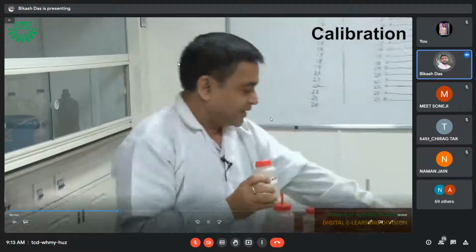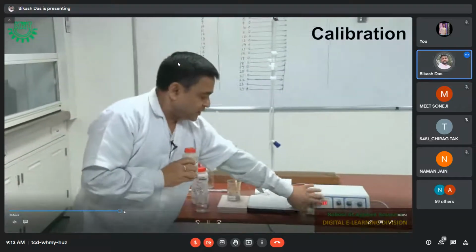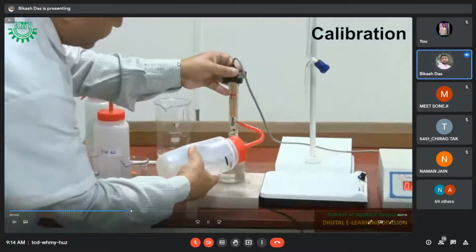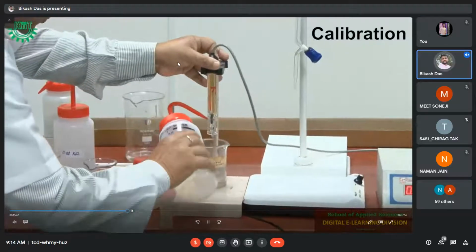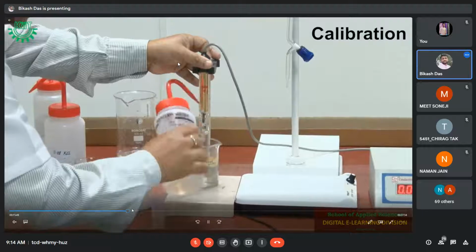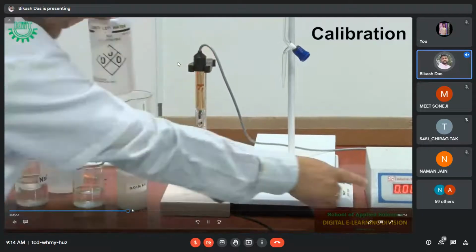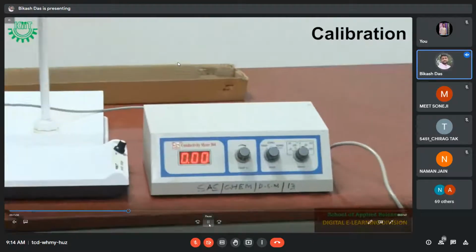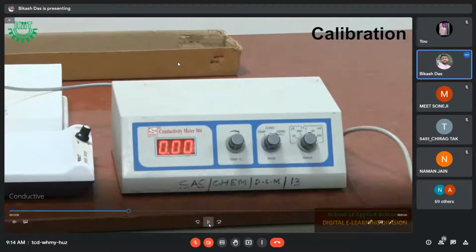This value you have to remember. Now we have to dip the electrode into that solution. Before that you have to wash it using distilled water. So using distilled water you wash it, and you see how much conductance is showing: 0. Why will it show 0 in distilled water?